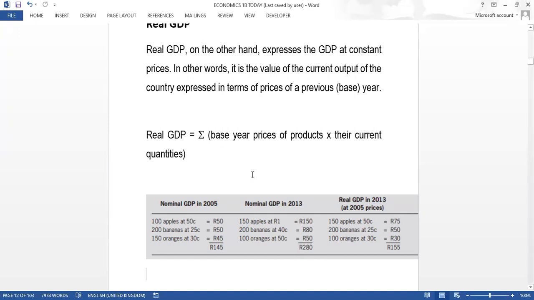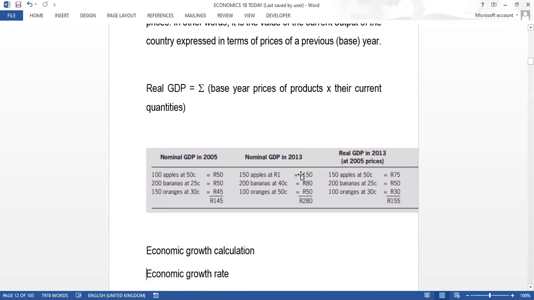There's a table just below. I hope it is visible, which highlights nominal GDP in 2005, nominal GDP in 2013, then real GDP in 2013 at the 2005 prices. So we use the base year prices.